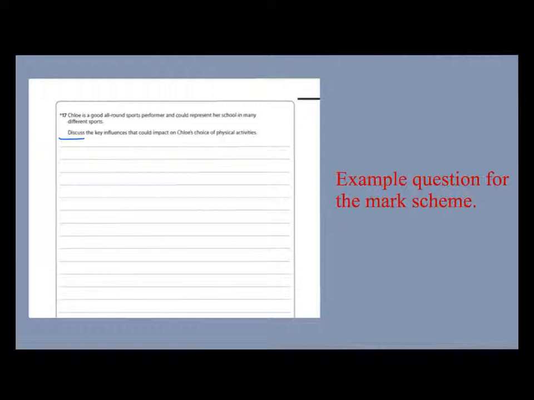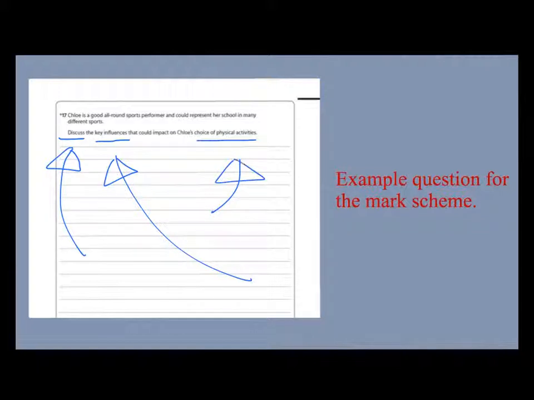The second is key influences on Chloe's choice of physical activities. Here you need information on the key influences. What are the key influences? You then need to discuss these and how they affect Chloe taking part in a particular physical activity.